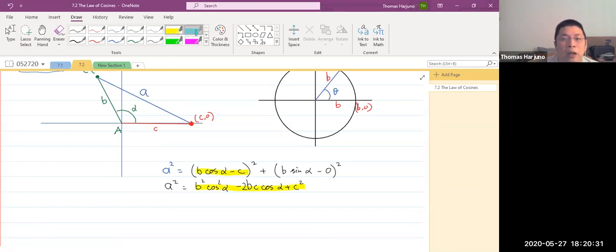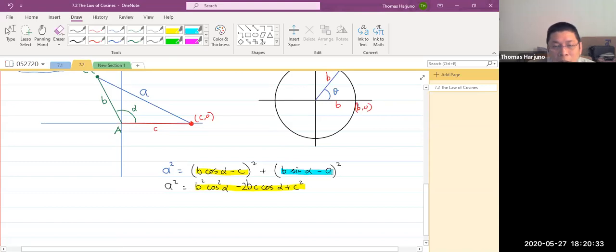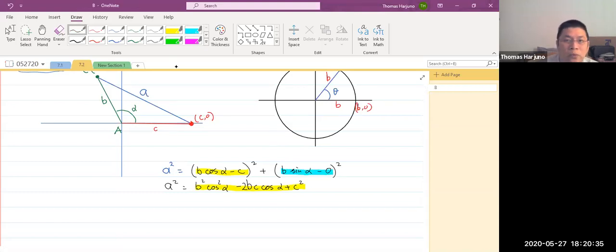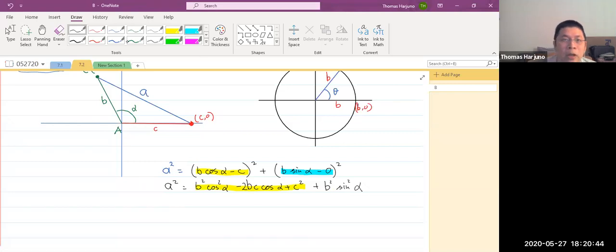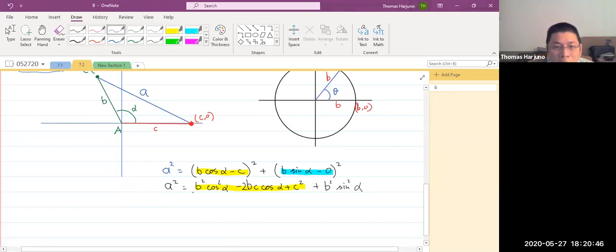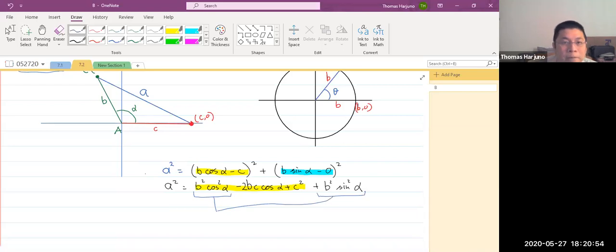On the other hand, b sine alpha minus 0 is just b sine alpha. So then I go on, plus b squared sine squared alpha. And then you see that this guy plus this guy together will give us b squared.